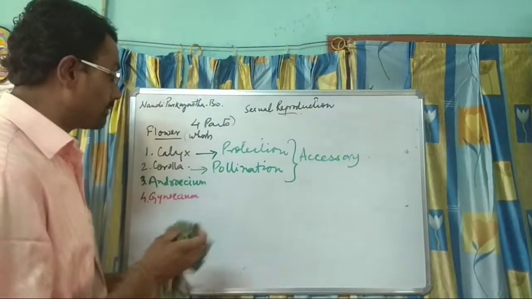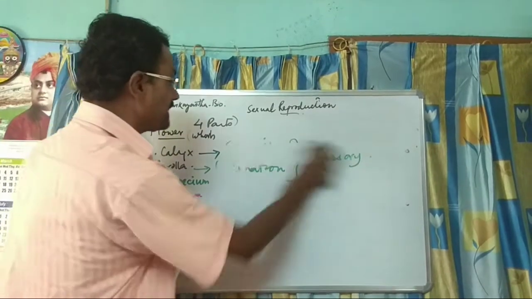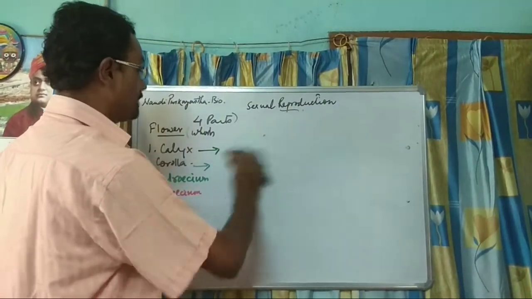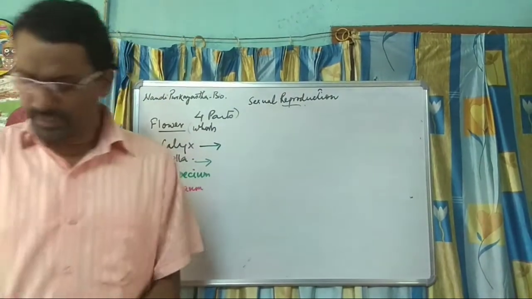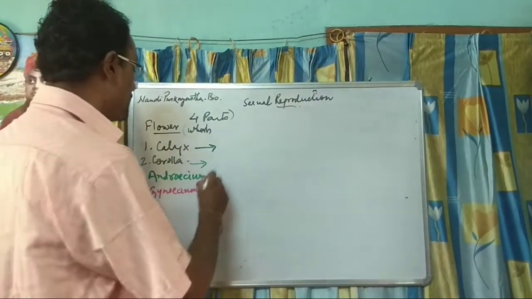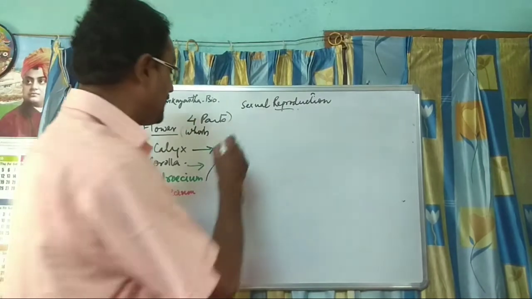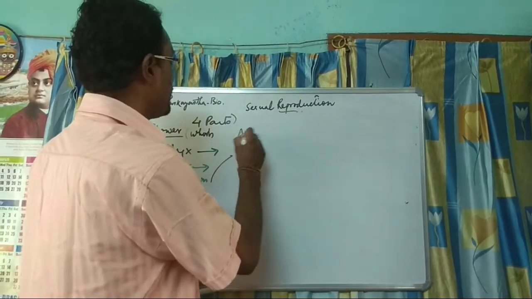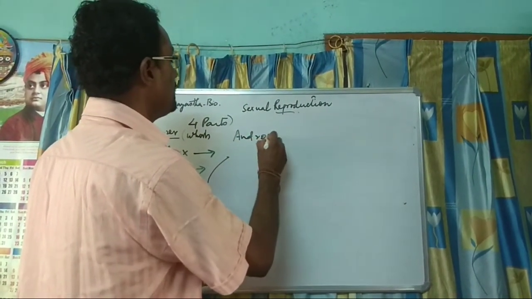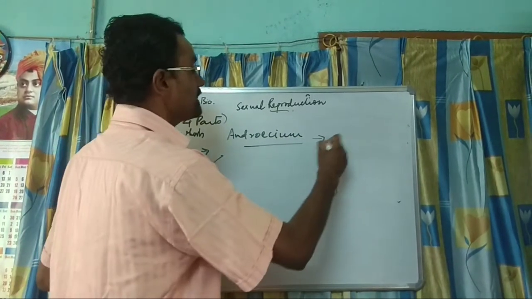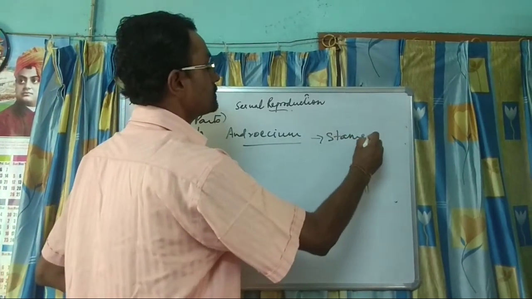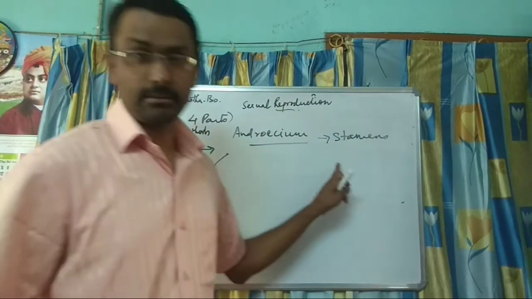Now let's come to the next most important part, the androecium, A-N-D-R-O-E-C-I-U-M. The parts are called stamens. Try to get it.